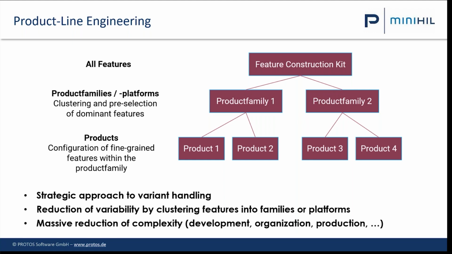So it's a strategic approach to variant handling, and it reduces the variability by clustering features into families or platforms. Sometimes you even have more steps in between. And it leads to a massive reduction of complexity, not only for testing, but also for development, organization, production, and so on. So that's the idea of product line engineering, but it's still a variant handling concept.